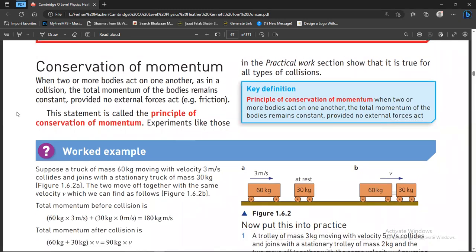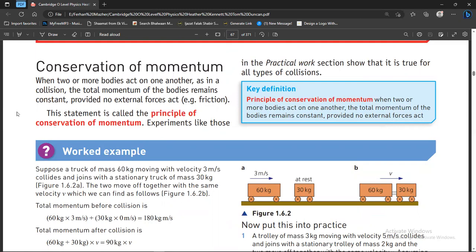Okay, so we have the conservation of momentum. When two or more bodies act on one another, as in a collision, the total momentum of the bodies remains constant, provided no external force acts, for example friction. This statement is called the principle of conservation of momentum.